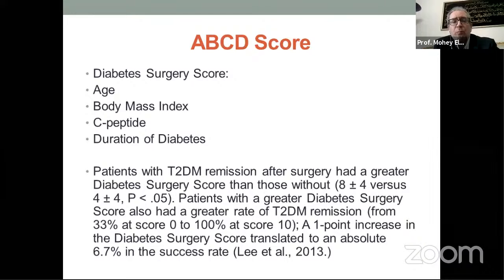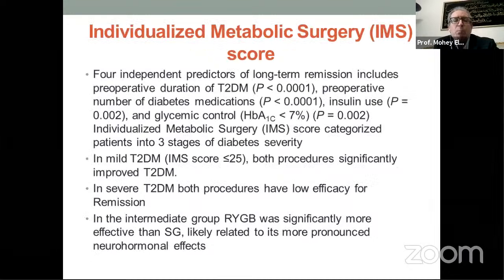How to predict the outcome of the metabolic procedure? We have different scores now. One of them is the ABCD score, which is suggested by Lee et al. from Taiwan in 2013. A is the age, B is the body mass index, C is the C-peptide, and D is the duration of diabetes.